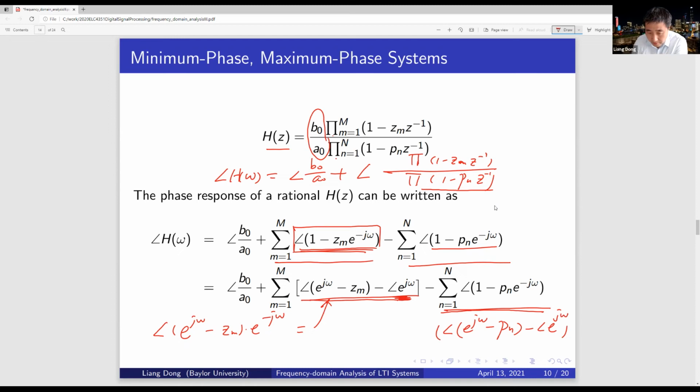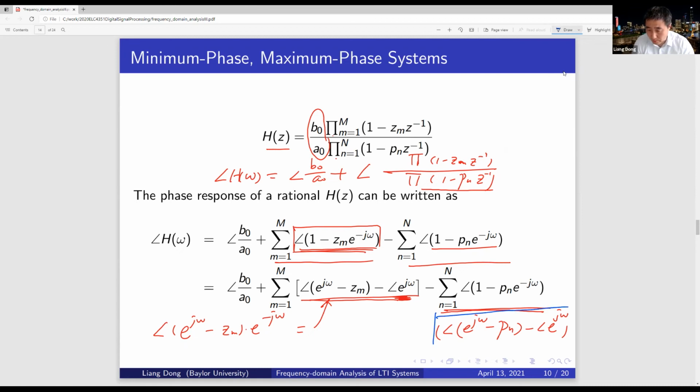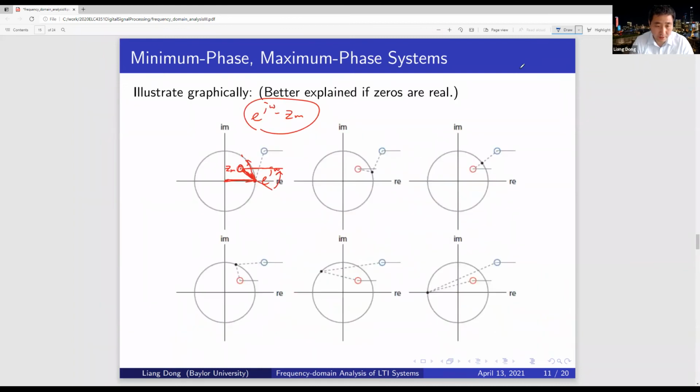If I compare this one with this one, subtract, that will be canceled out. So what's left is only the angle between your current point to the zero and the angle of the current point to the pole, which is here.